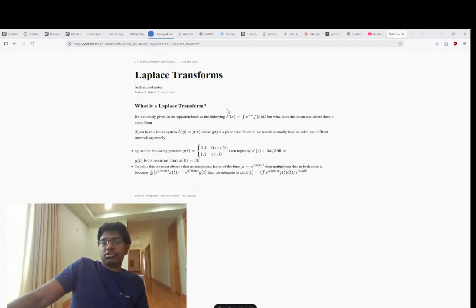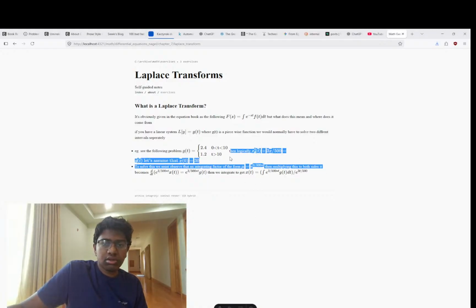So yeah, you would get a completely piecewise result for x. Interesting, I guess, but Laplace is just so much more efficient for doing this.